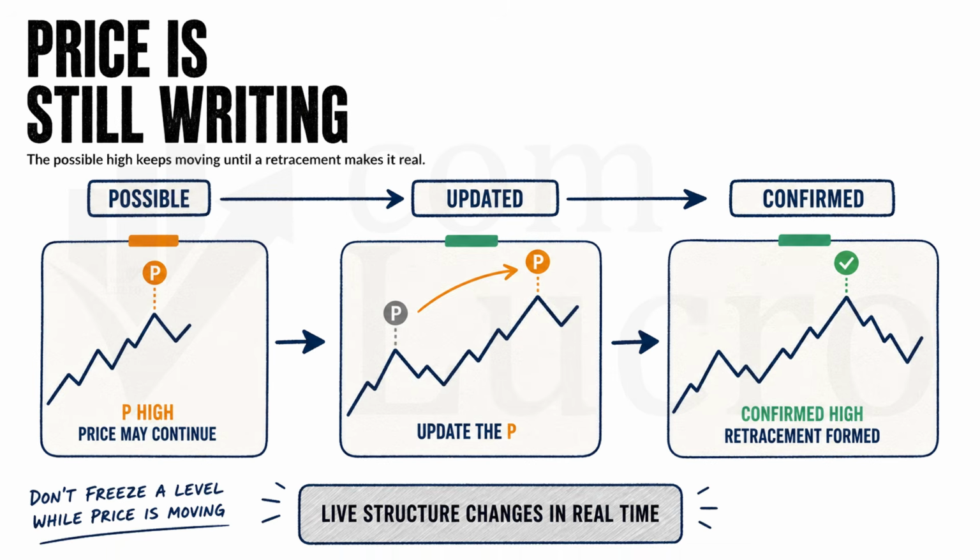This is especially important during live trading because price is constantly developing. A possible high or possible higher high is not fully confirmed yet because price may continue moving higher before a retracement forms. That is why we continuously track the structure and update where the current possible high is forming until the retracement confirms the move.